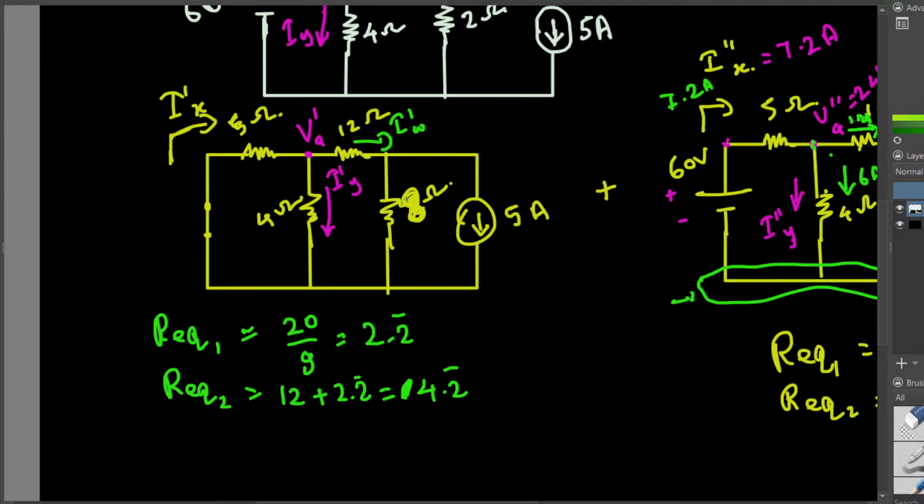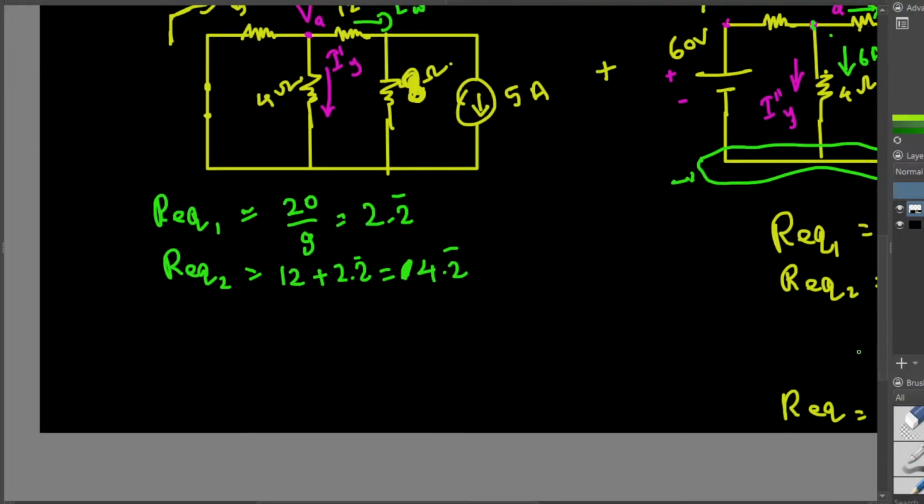So once we have the equivalent resistance right here, it's good enough, because we can actually find the current passing through this. Once we combine these, these two are in parallel: one of them is the 14.2 ohm resistor and the other one is the 8 ohm resistor, and the current going through both of them is 5 ampere.